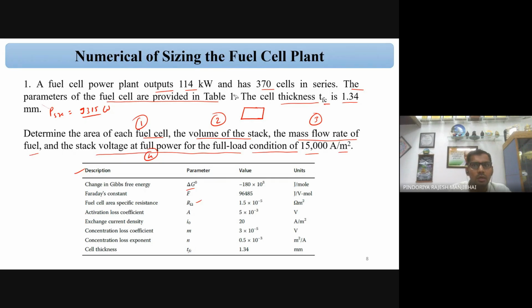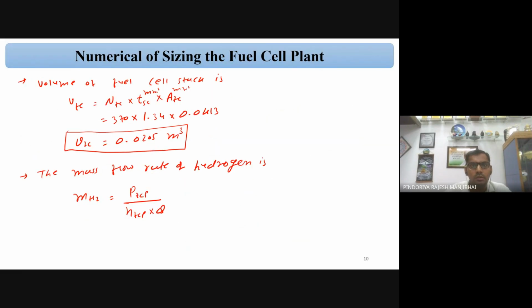So thickness is 1.34 mm, and the area is converted. Yes, you are correct. Got it? Yes, now got it. So yes, unit balance.